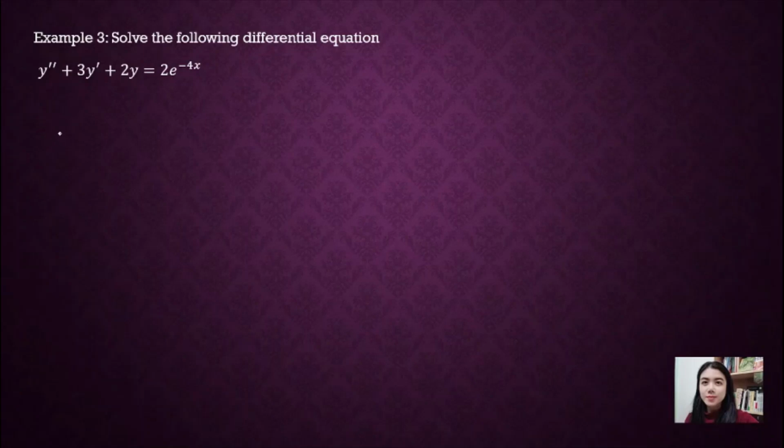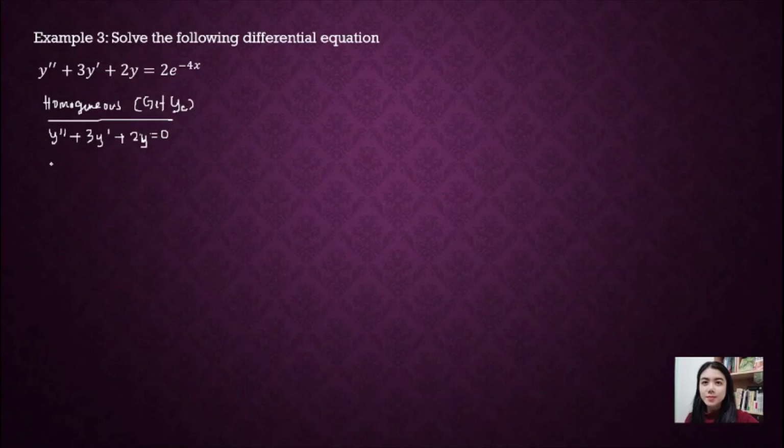Let's just look at the third example. Again, we're going to change this one into the homogeneous equation. So here we have the equation, and this differential equation will be equal to 0. Then you have to convert the derivatives into m.